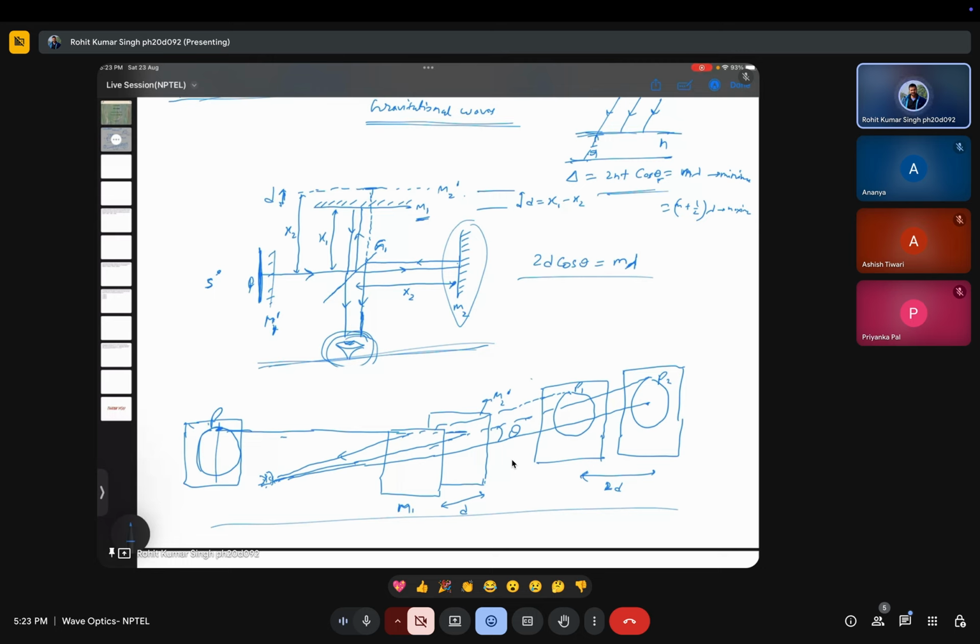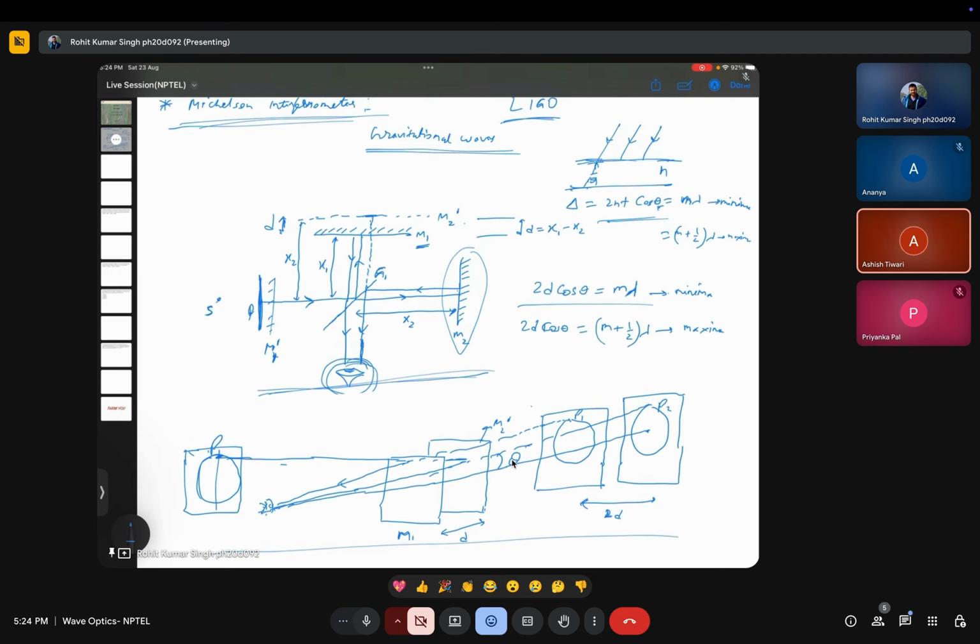Now, this is the condition for minima from our thin film formula, and for maxima we have m plus half lambda. But sir, here I think you take the condition in the refracted region. These are the conditions for the transmitted region.